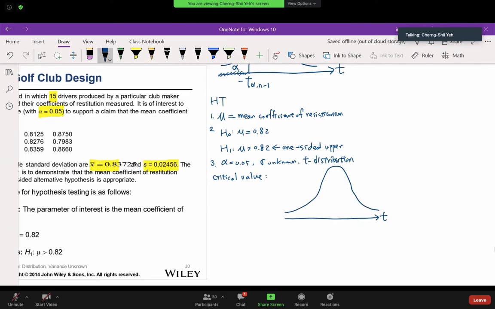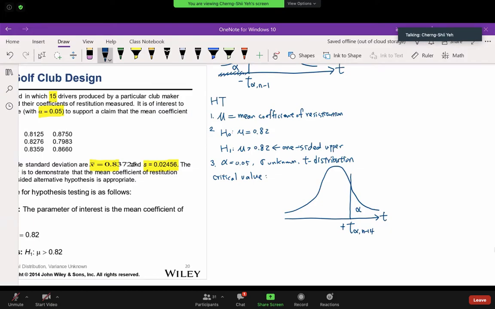This is a one-sided upper bound, so I have my critical value right here. The probability greater than this critical value is alpha. So my critical value is positive t with probability alpha and degrees of freedom of sample size minus 1, 15 minus 1, 14.